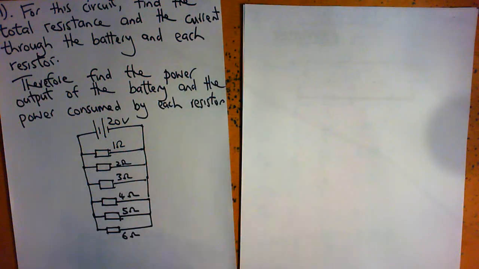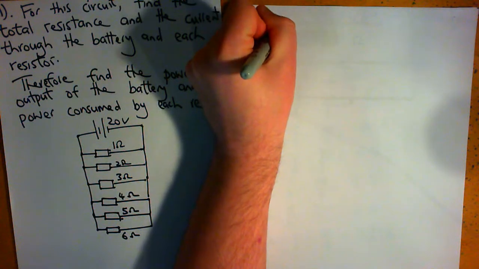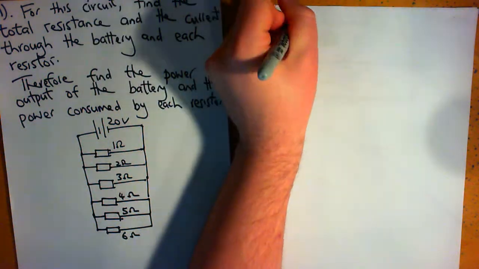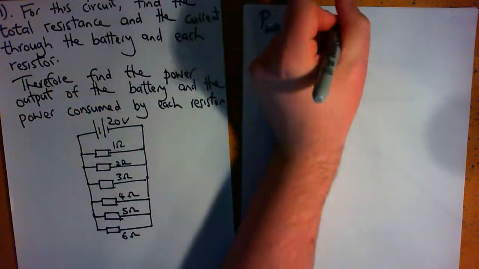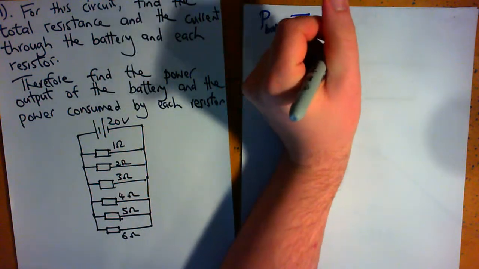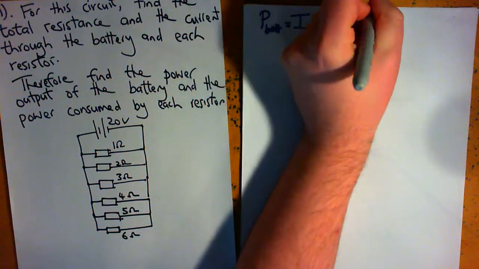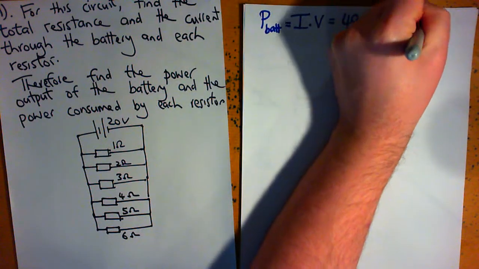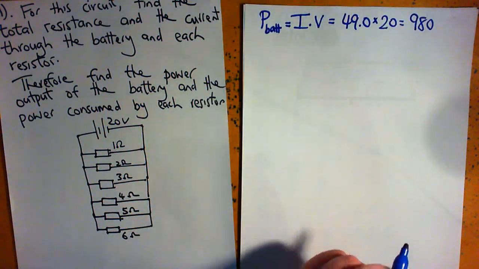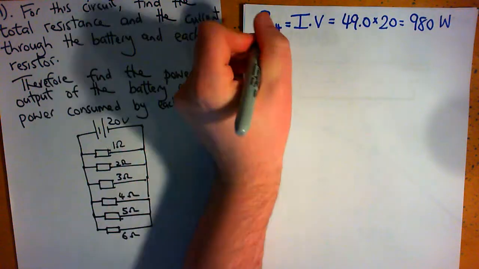For the power of the battery, power is current times voltage, I times V. For the battery, we found that the current was 49 amps and the voltage is 20, so we get a power output of the battery of 980 watts.